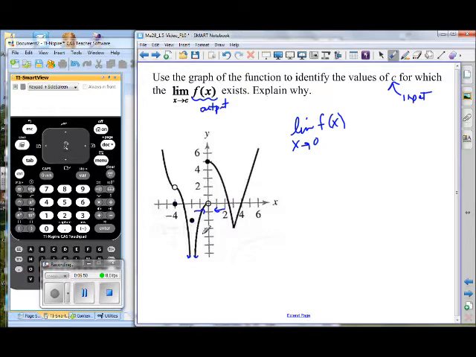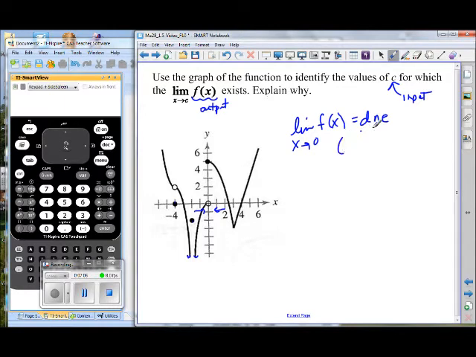Could we clap? If we go up from here, our left hand would end up here, and our right hand would end up there. And so we would say that at 0, the limit does not exist. That's what DNE stands for, does not exist.